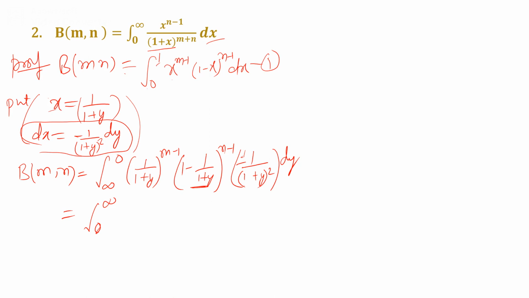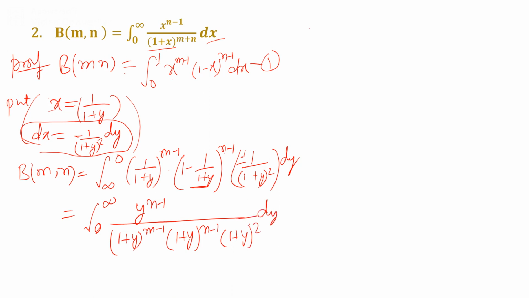On that place, if we take the LCM over here, we write 1 plus y minus 1, that is y, so we can write y raised to the power n minus 1, over (1 plus y) raised to the power m minus 1, (1 plus y) raised to the power n minus 1, and (1 plus y) whole square, dy.